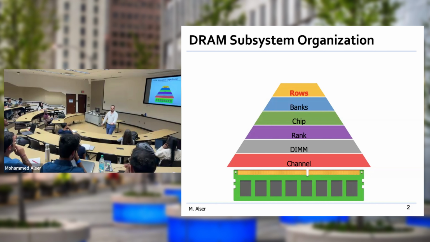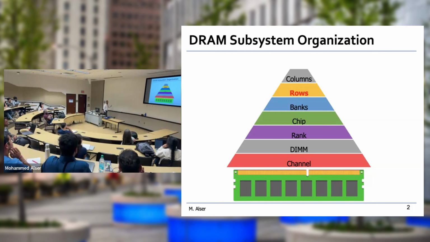So we can always access the complete row, the entire row. Even if we need just a small bit of it, we still need to access the entire row. What's next? Columns. Then we can play with it. However, we still need to access the entire row first, and then we use a multiplexer, for example. We provide the column address that we would like to get, and then we can fetch those pieces of information.